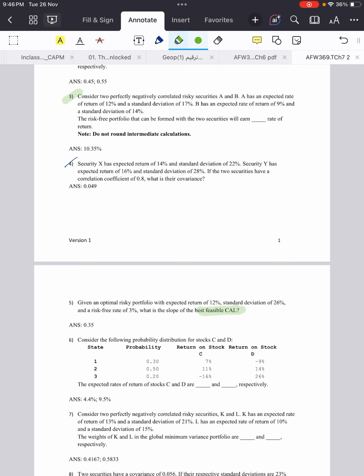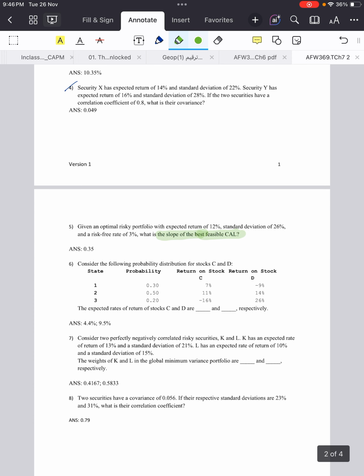The best feasible capital allocation line, the slope, and then expected returns of stock C and stock D. This one you should be able to do, because this question was from the previous chapter. Chapter 7 also asked about the weight of K and L, and question A asks about the correlation coefficient.